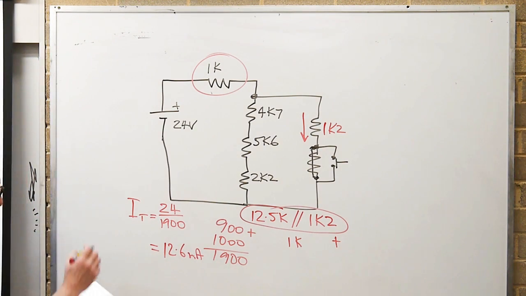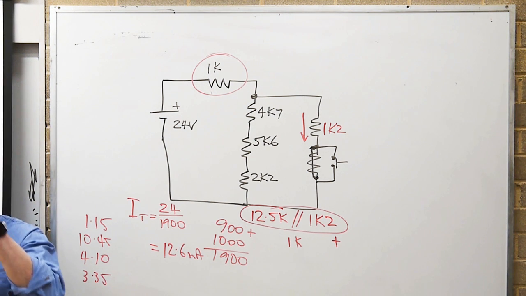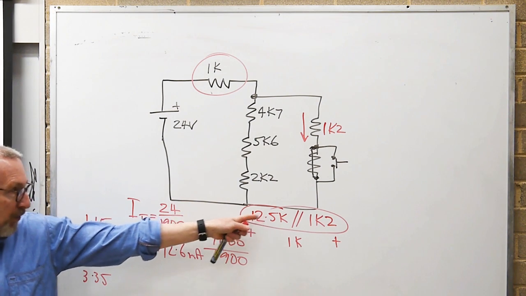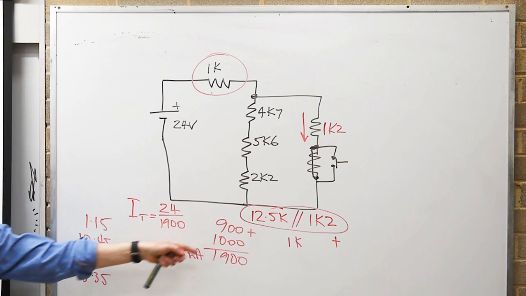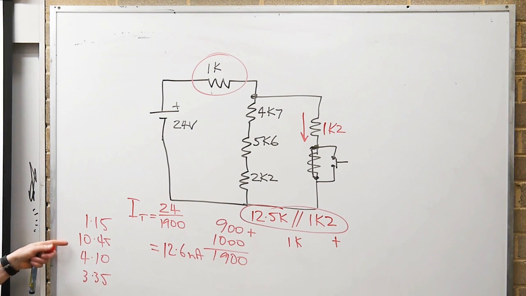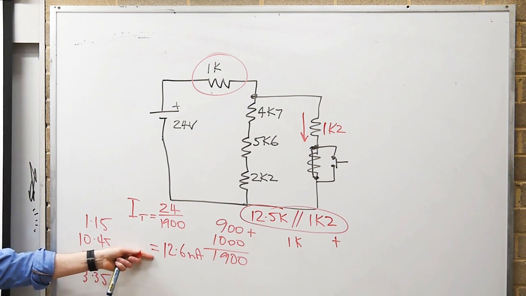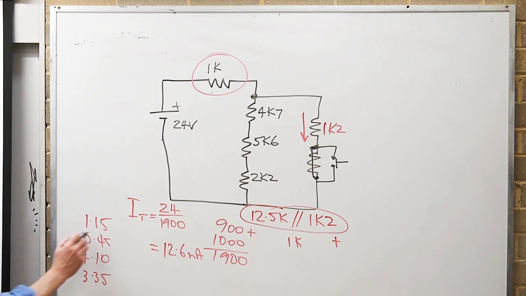And the answers that I had there were 1.15, 10.45, 4.10 and 3.35. So if the answers had been too close together, I would have had to get my calculator and work that out more correctly, because I'm probably wrong with that 900. But just looking at that, I approximated 12.6, and I've got an answer here of 10.45, which was B, so I'm going to go with that.